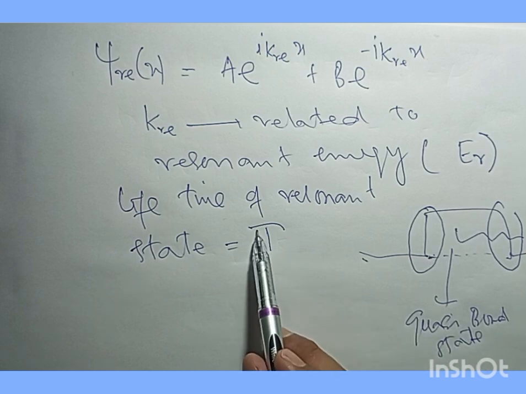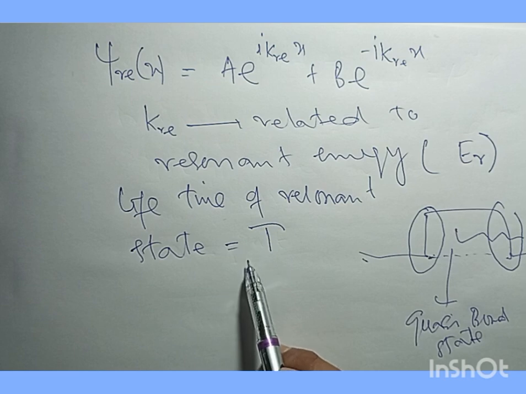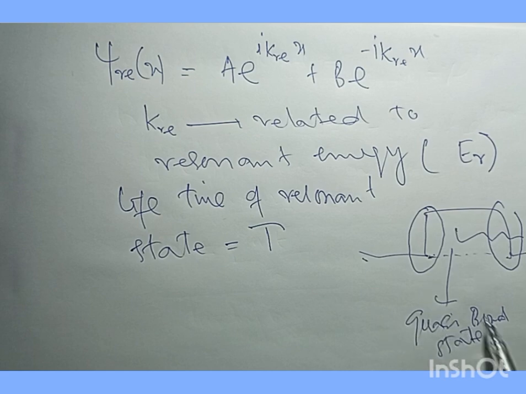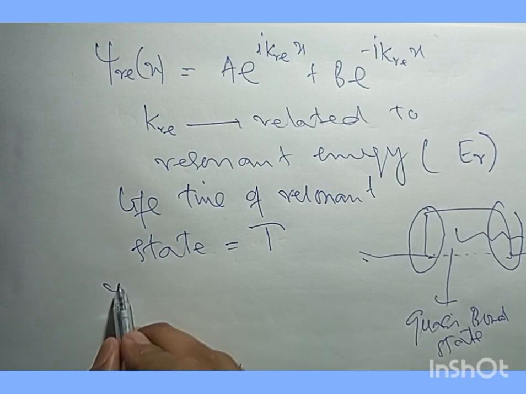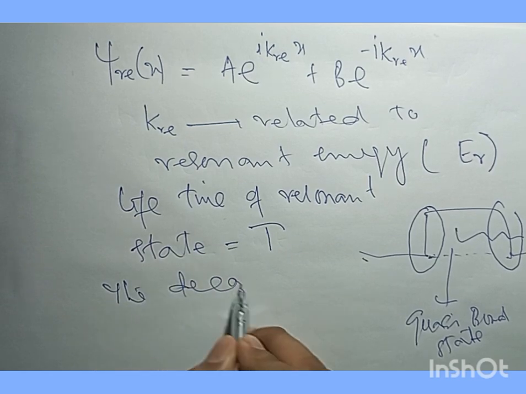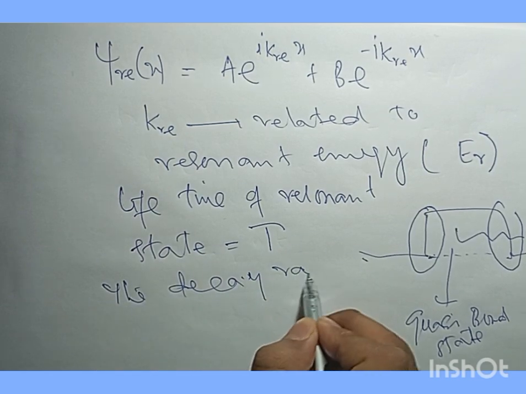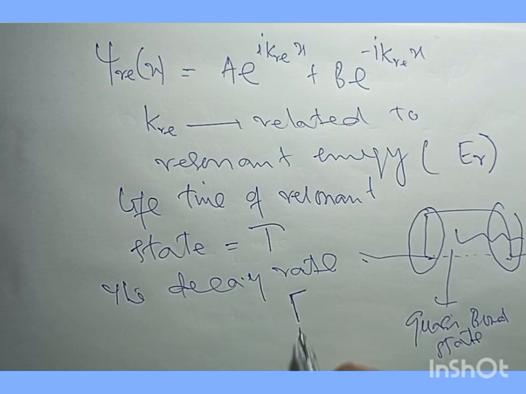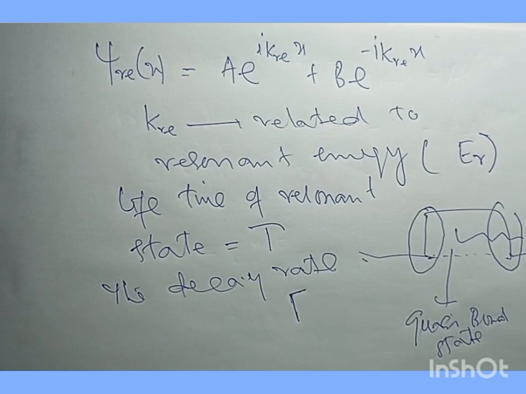So this time, the lifetime of the resonant state, is basically related to the time it takes for this quasi-bound state to decay. And the decay rate, that's Γ, is related to the resonance width.